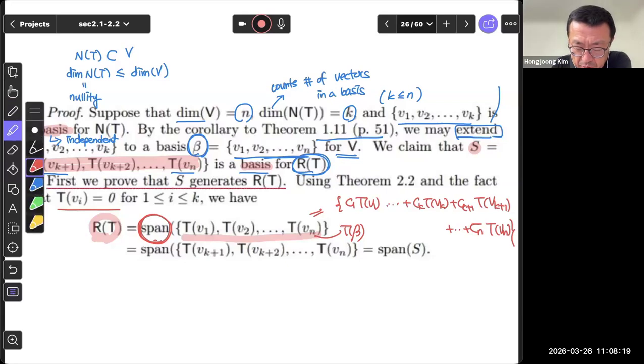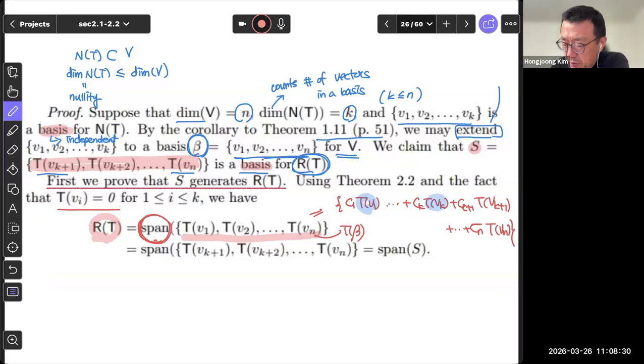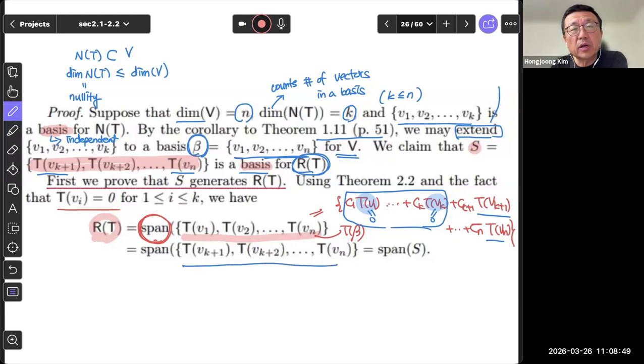Now, in this expression, T of v1, T of v2 up to T of vk are all zeros. So this is a 0, this is a 0. So this expression will be 0. So what remains is just a linear combination of T of v(k+1) up to T of vn. In other words, they will generate the range. Okay, so S generates the range.